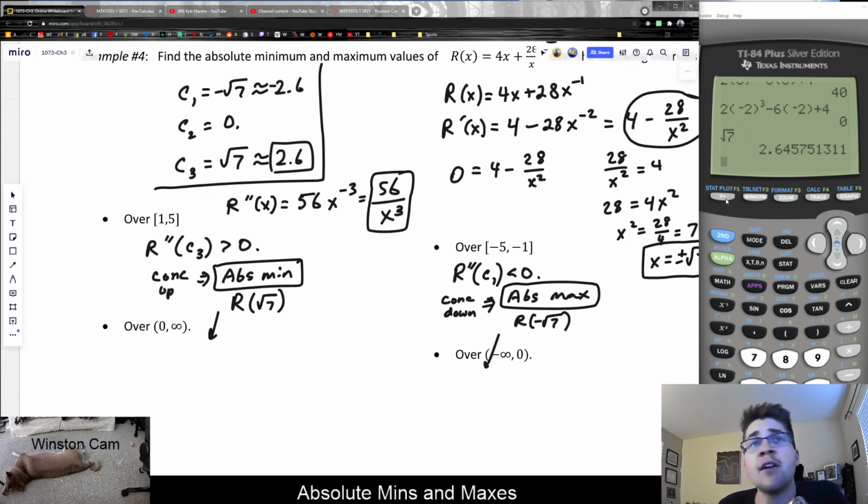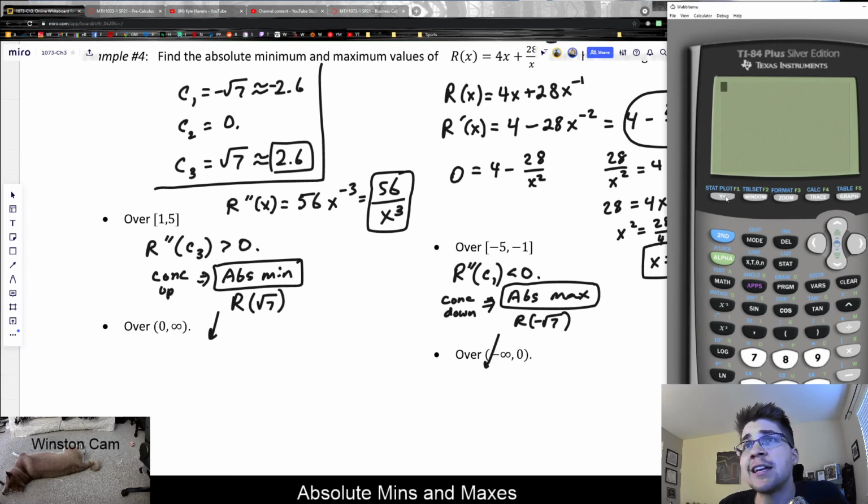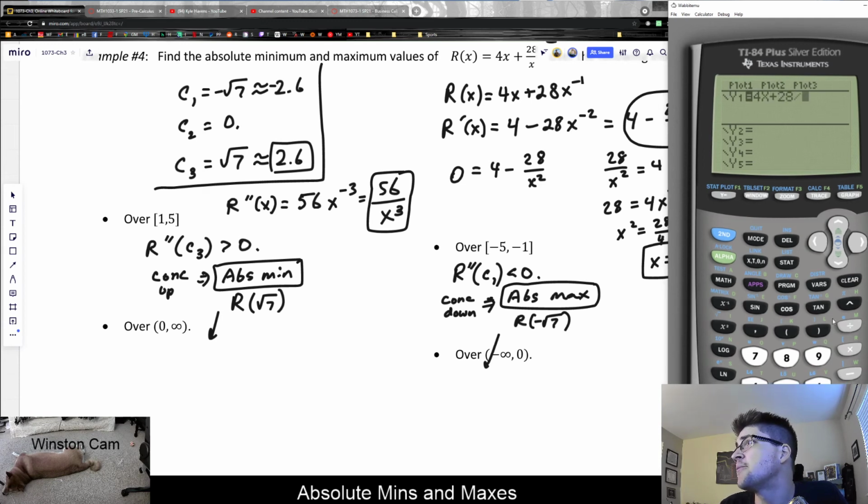Or again, if you're ever stuck or not sure what to do, you can always look at a graph to help you. So let's go ahead and type our original function in to see what the graph looks like in a standard viewing window. We'll go zoom standard. And we actually need a much bigger Y window, I believe, in order to see what's going on here.